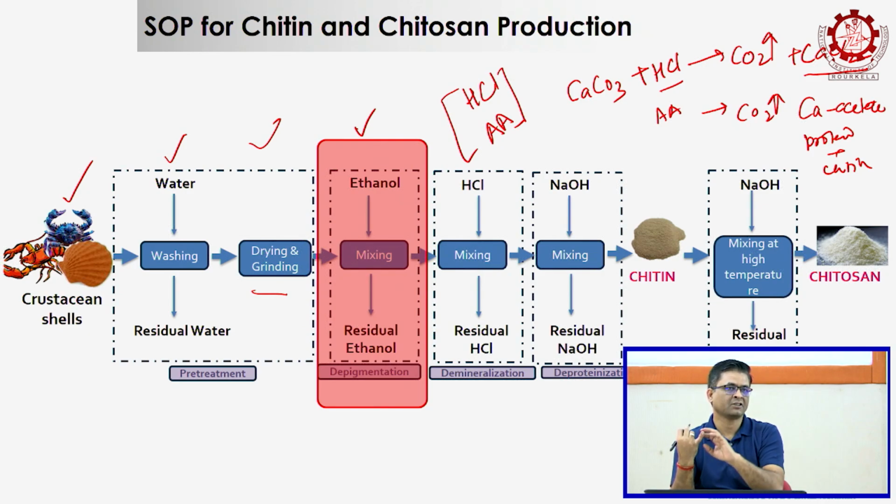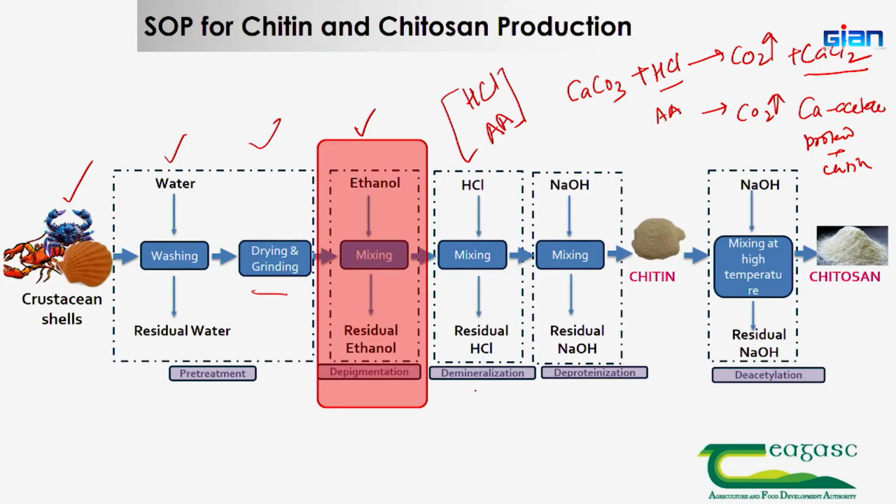Not every shell contains chitin. Chitin and protein along with calcium make a very hard shell. That's why crab has harder shells, and shrimp too, whereas mussels and snails have very soft shells because they do not contain any chitin.